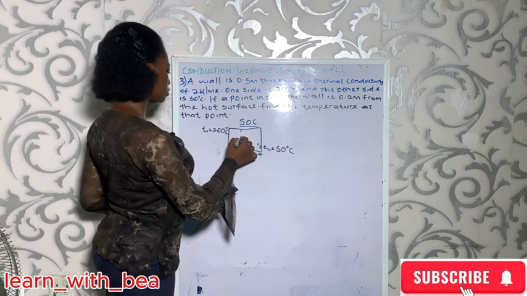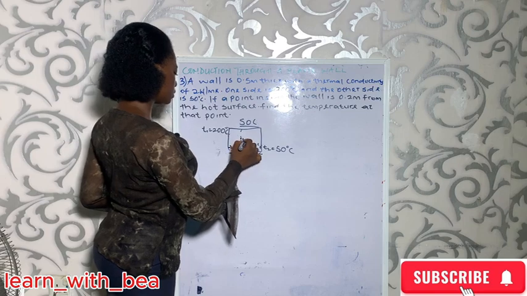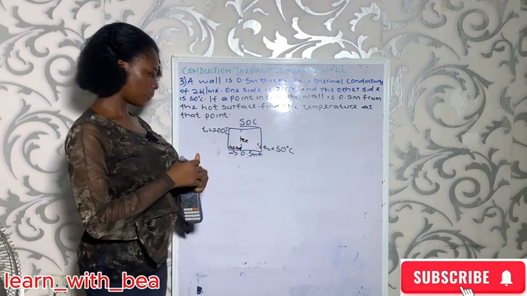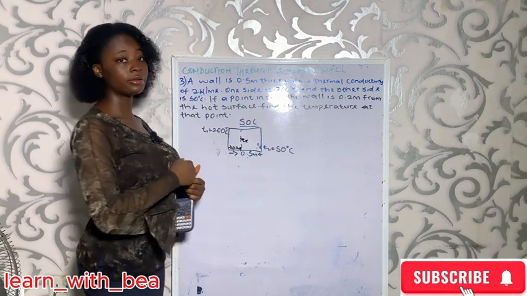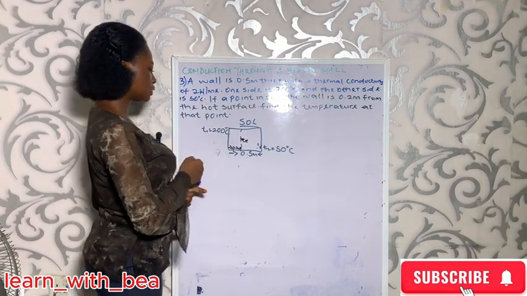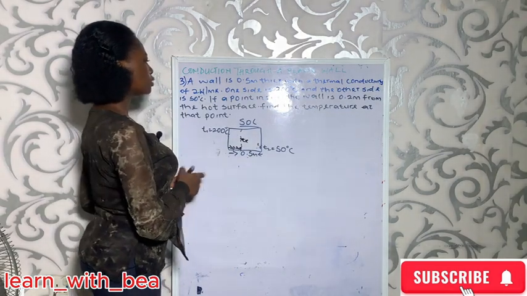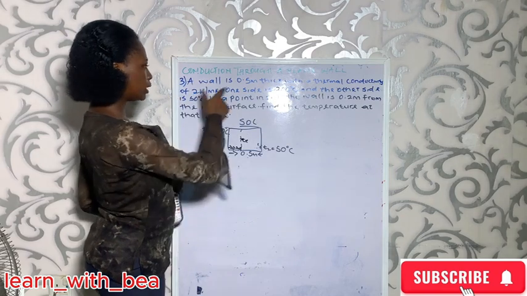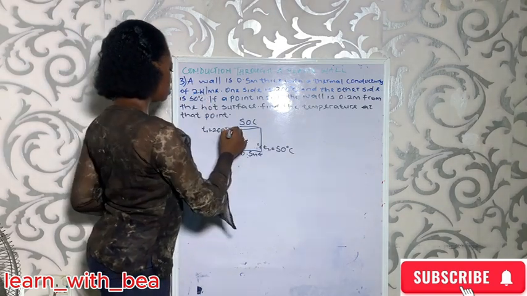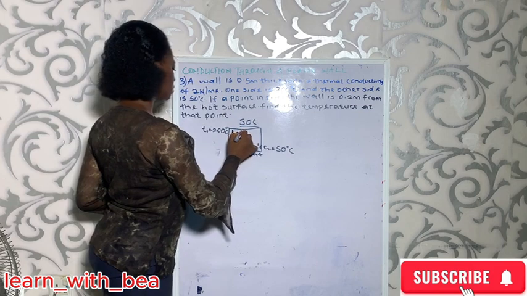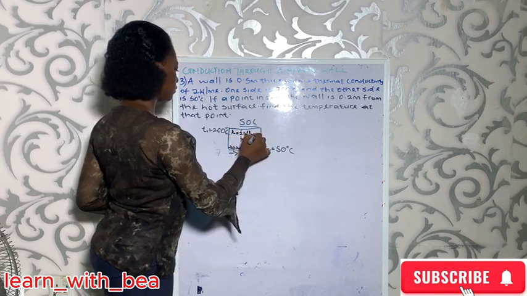We are to find the temperature at that point, so let's say it is Tx, the interface temperature. That is what we are looking for. We're given K for the whole wall, so K is 2 watts per meter Kelvin.